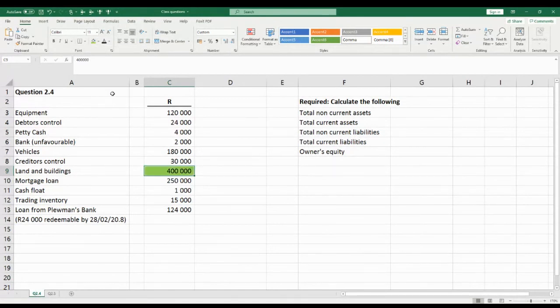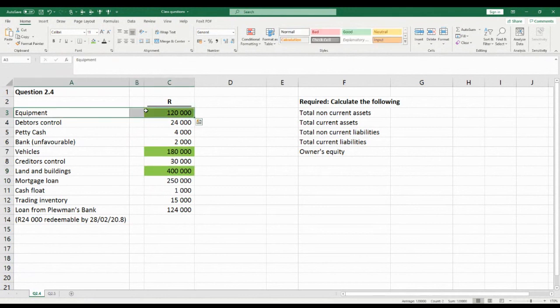Then Mapaledi says equipment, and Anele says vehicles. So we've got 3 items which we believe are non-current assets. If you add those 3 together, you should have received a total of 700,000.